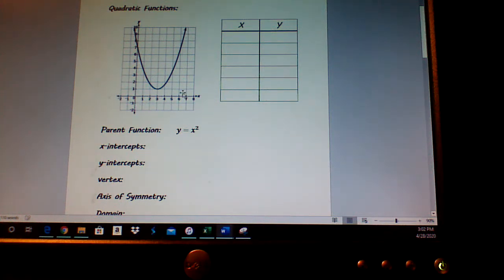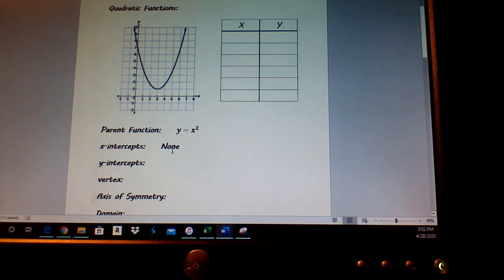If it touches it twice, you have to say both x-intercepts. If it touches it only once, you say that one coordinate. In this case, my U-shaped quadratic, my parabola, as we also call it, is not crossing the x-axis at all. So we're just going to put none.